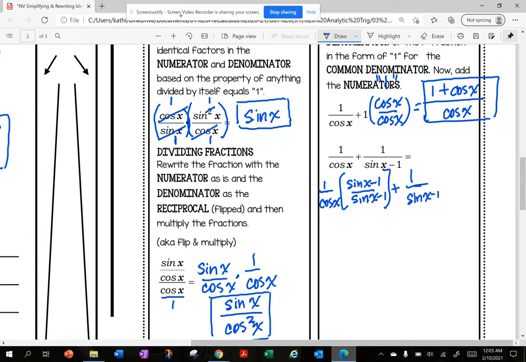I'm going to multiply this one times the first denominator, which is cosine of x over cosine of x.